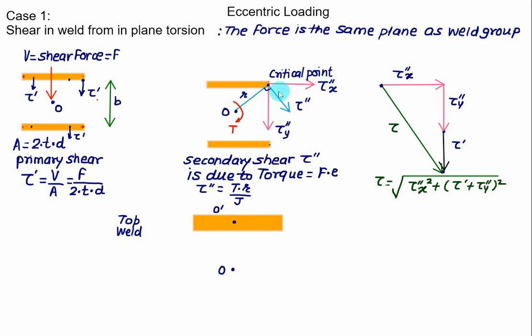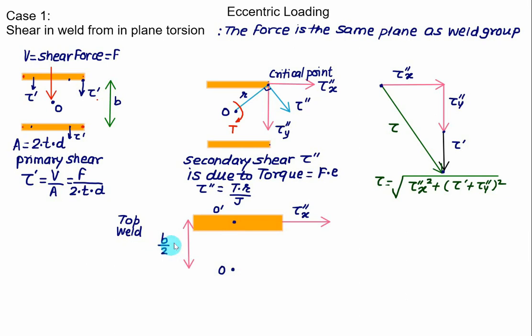This value is horizontal and we need to calculate it here. The two welds are separated by a distance equal to b. So the top weld from point O, the centroid of the weld group system, is at b by 2. So the vertical distance between O and O prime will be equal to b by 2.